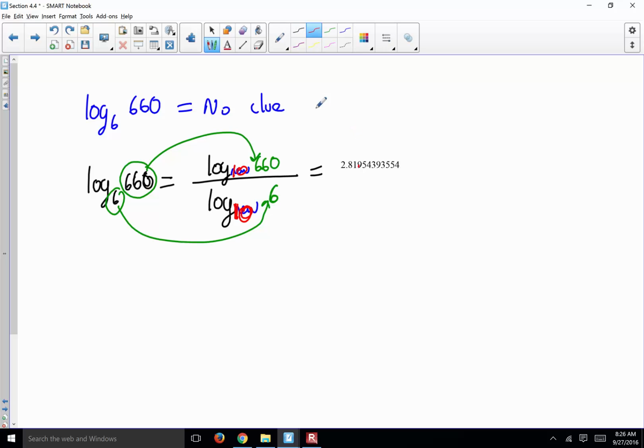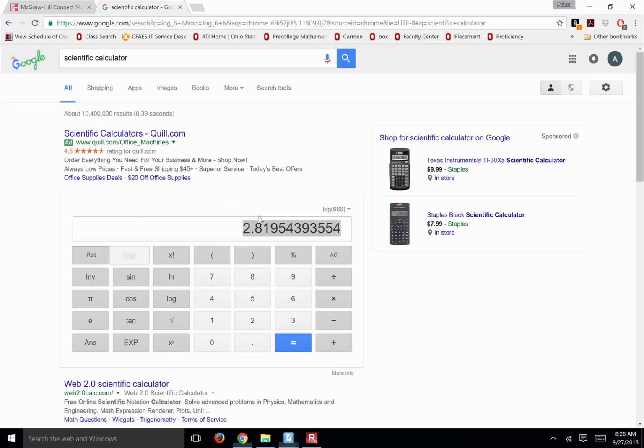Okay, divide. What is logarithm base 10 of 6? Just take logarithm base 10 of 6 right now.